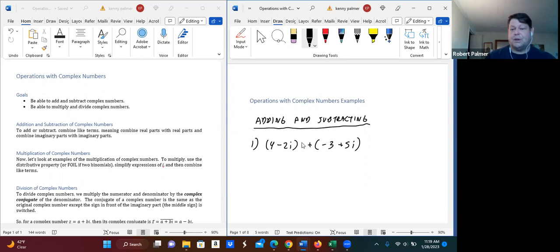We're not distributing anything except a positive 1. So I actually get rid of the parentheses. We write this as 4 minus 2i, then plus a minus, or just as minus 3 plus 5i. And now we want to combine like terms.